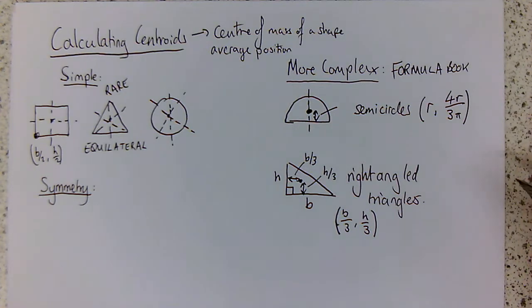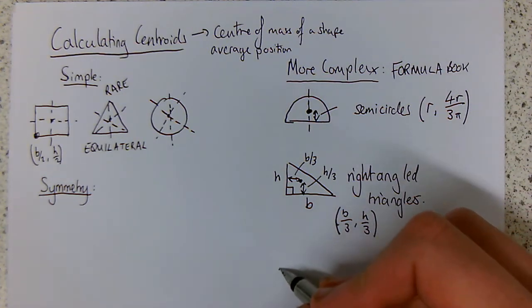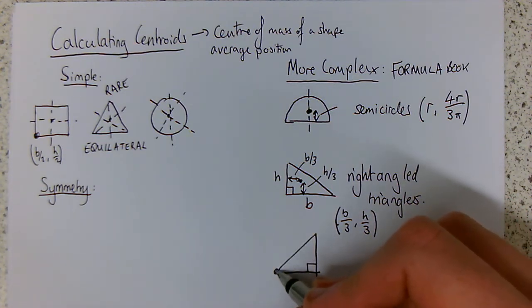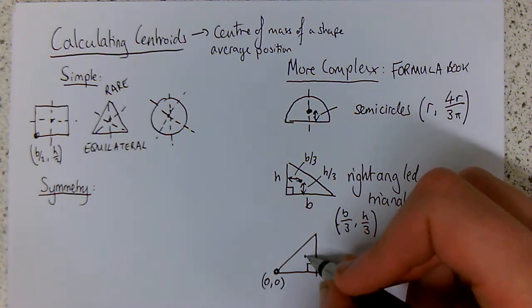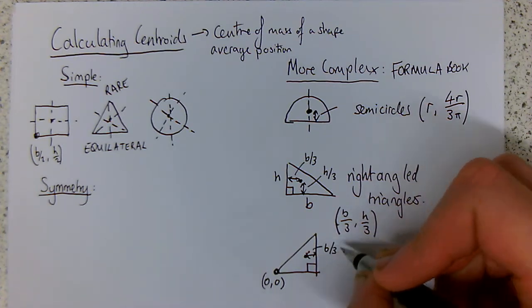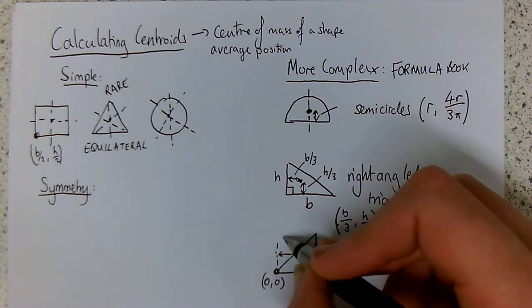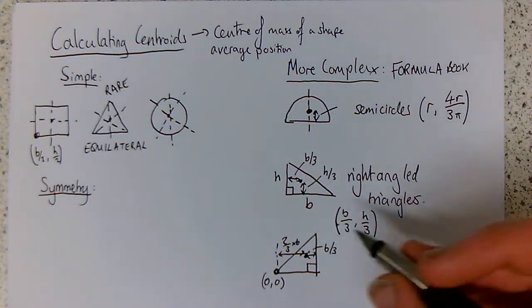You are given these in the formula booklet, however you're expected to be able to deal with them, and also to deal with it if your right-angled triangle is oriented differently and you're asked to give the centroid relative to this point. Because that is base over 3 from this edge, the distance in the x direction is 2/3 times the base, or 2 times the base over 3.